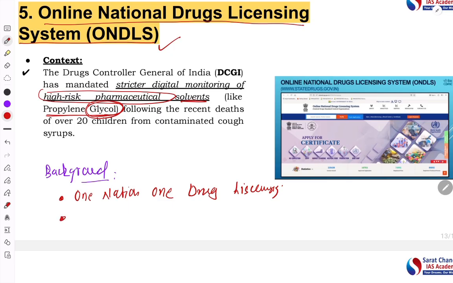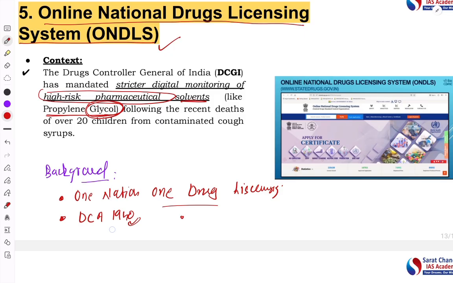And we want to ensure smooth regulation under the Drugs and Cosmetics Act 1940, right? So this particular initiative includes different aspects like blood centers, manufacturing of drugs, cosmetics, homeopathic, retailers, wholesalers, testing laboratories. These will all be covered under the scope of this initiative, that is the online national drug licensing system.